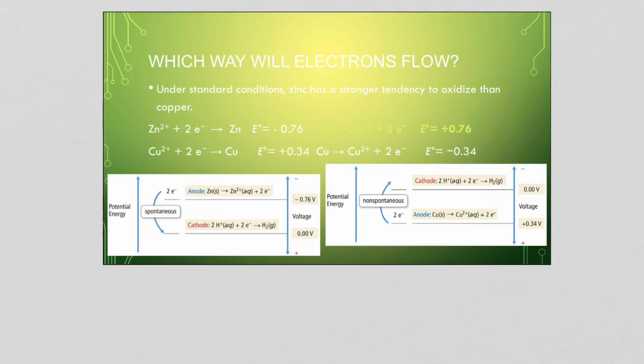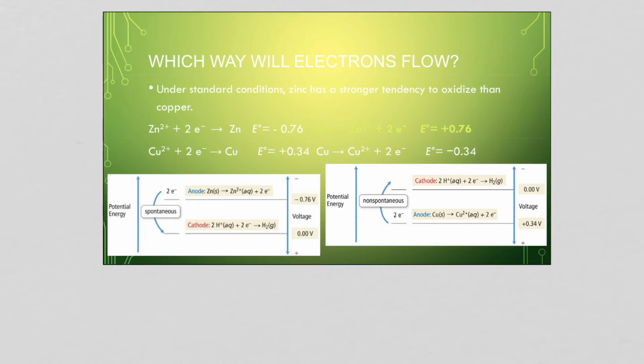What that's telling me is that there is no potential for electron flow between copper as an anode and the SHE as a cathode. It's a negative cell potential, meaning it's actually disfavored by 0.34 volts, so it's non-spontaneous. That will not occur.